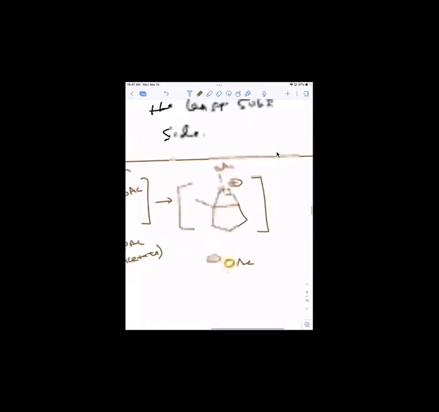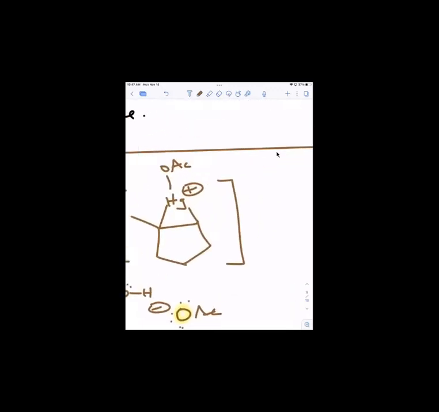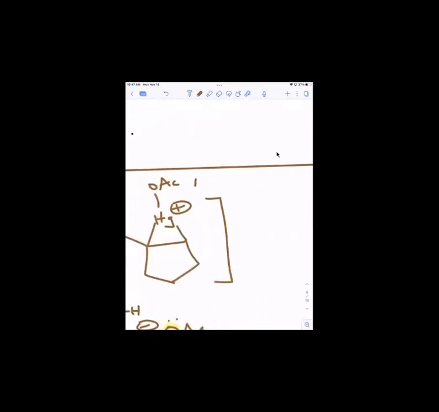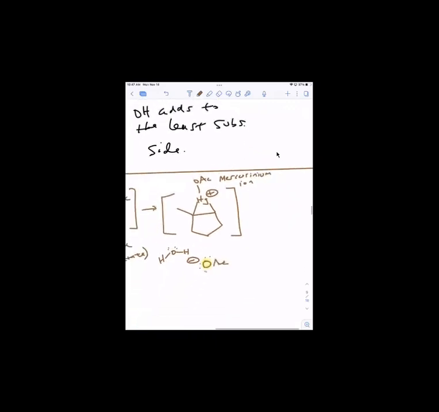All right. And so now it's water that's going to come in and pop that intermediate open. This is a mercurinium ion.